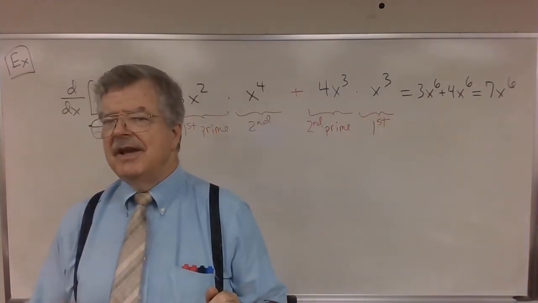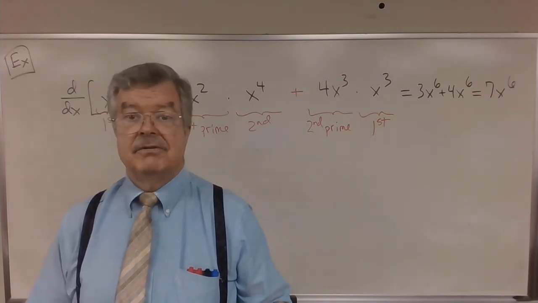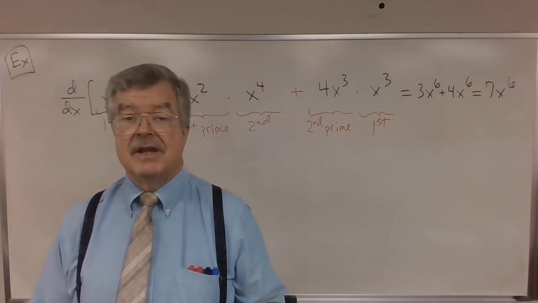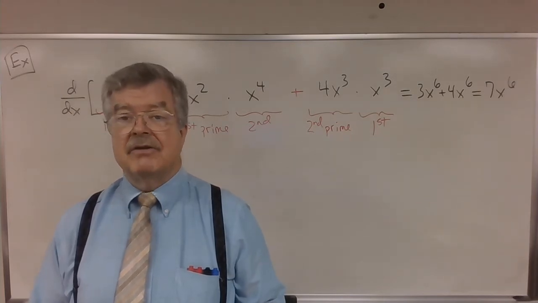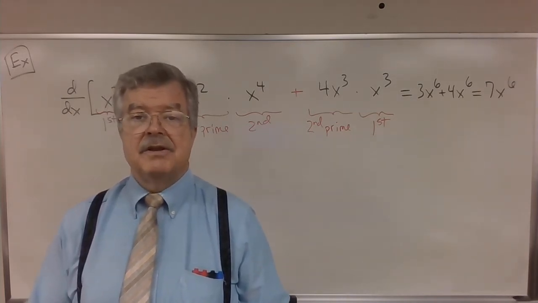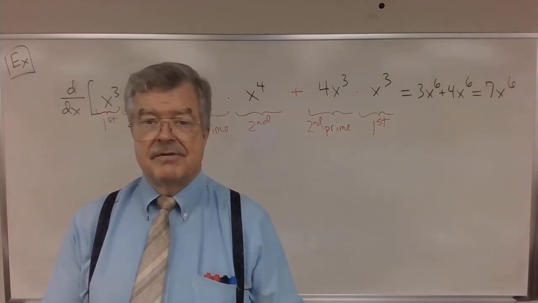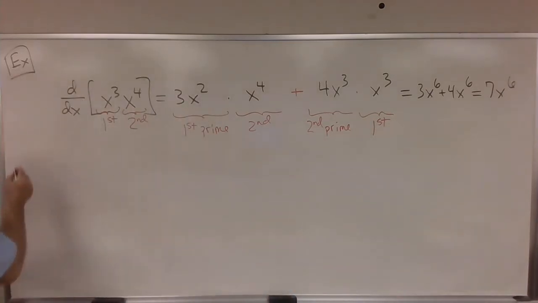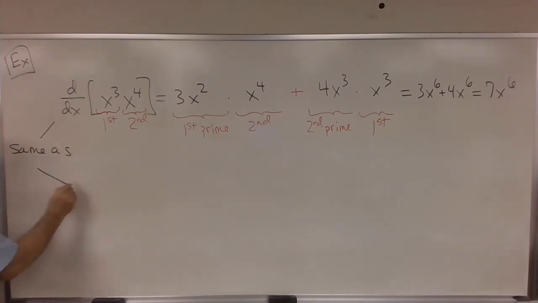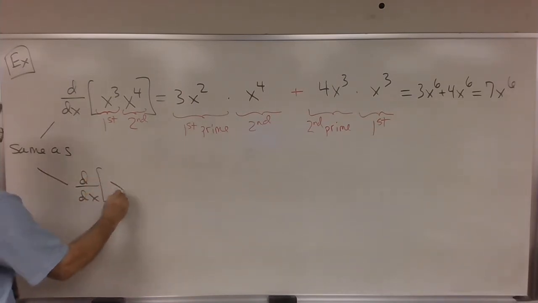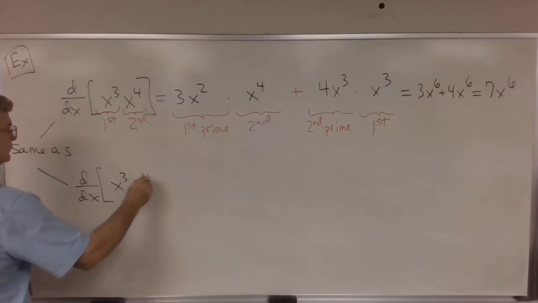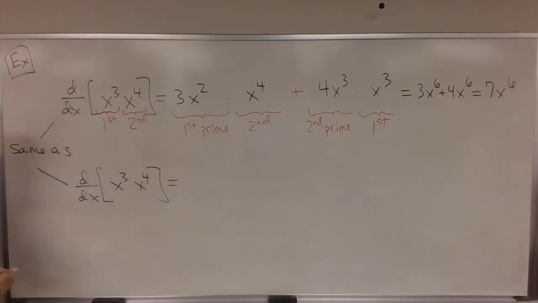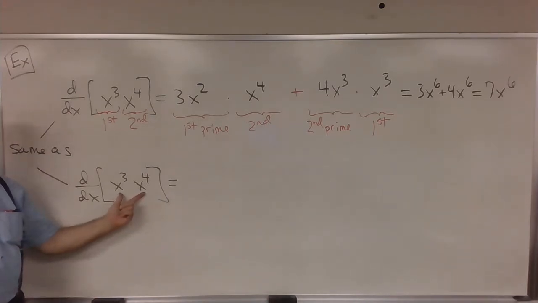Well, we did a test case with this example before. Let's use this as a test case again to show that the product rule really does work, and it really does give us the derivative of a product. So I think what we did before was we said x cubed times x to the fourth.